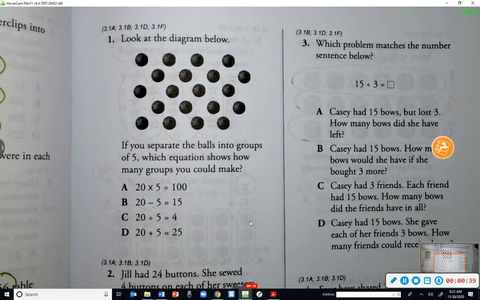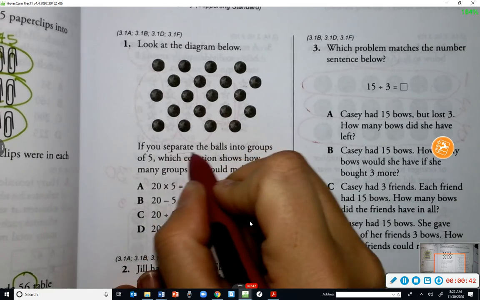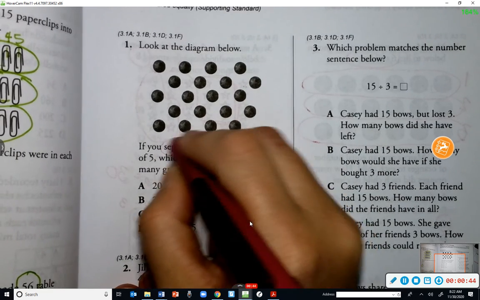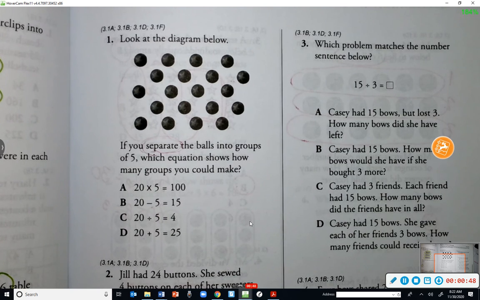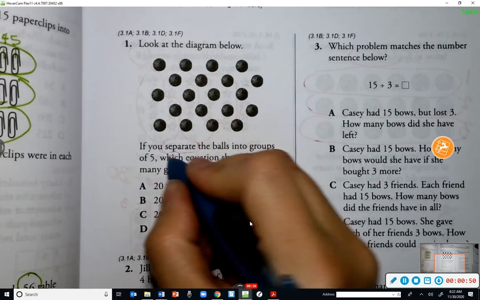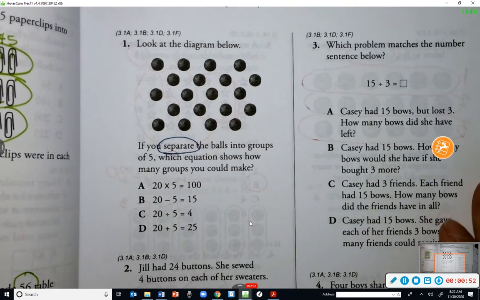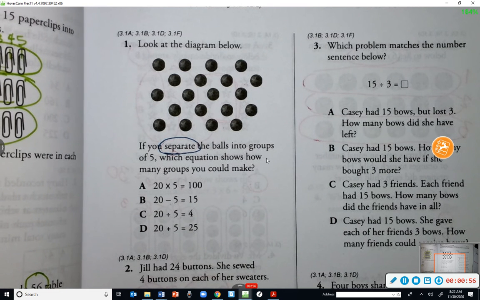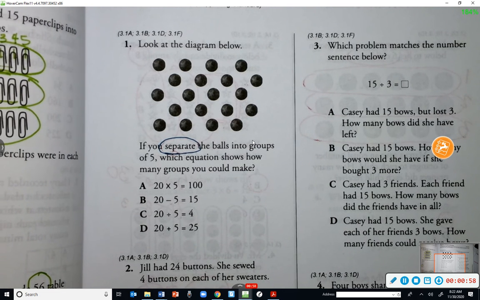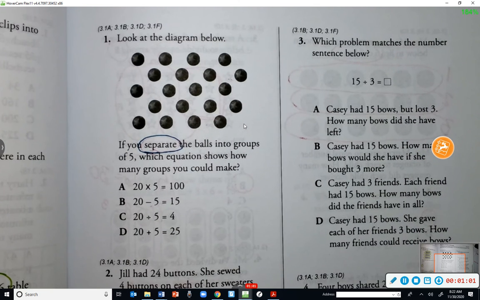Okay, so if I'm separating, what operation does that mean? Does that mean multiply, divide, add, or subtract if I'm separating into groups? What do you think, Aaliyah? Divide? If I'm separating, do you think that means I'm dividing?